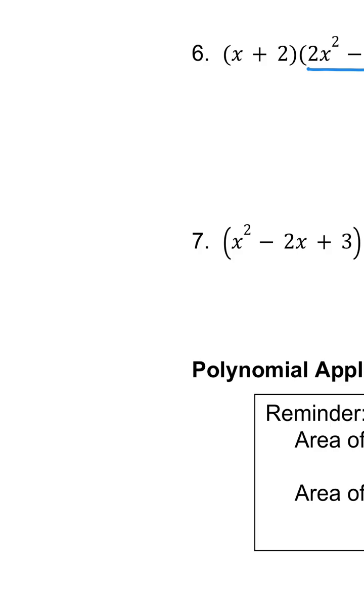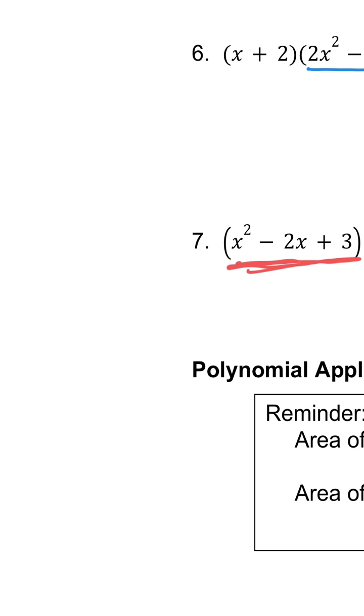All right, so let's go ahead and set this up. Let's do this left side. So we have our x squared, our negative 2x, and I'm going to put that exponent 1 so we remember it's there, and our 3.